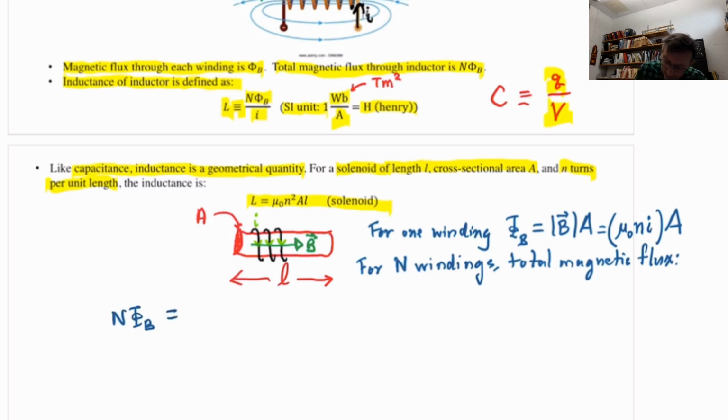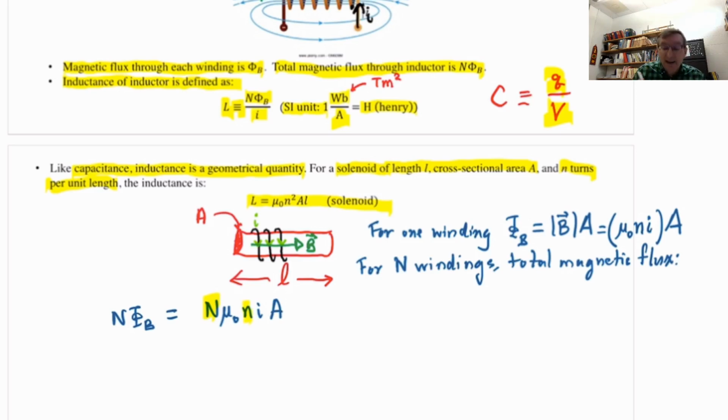So that would be N, big N, mu0, little n, I, A, right? There's a big N and a little n. That's potentially confusing. Let's be clear what those mean. Capital N is just the total number of windings. Little n is the number of windings per unit length.